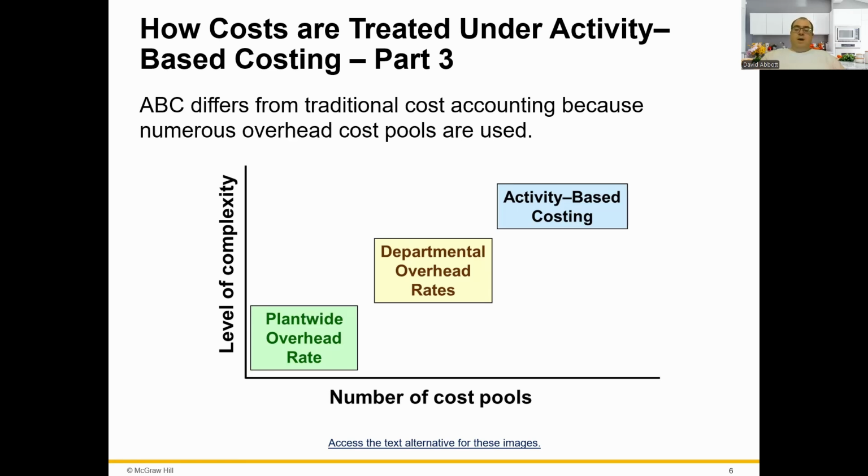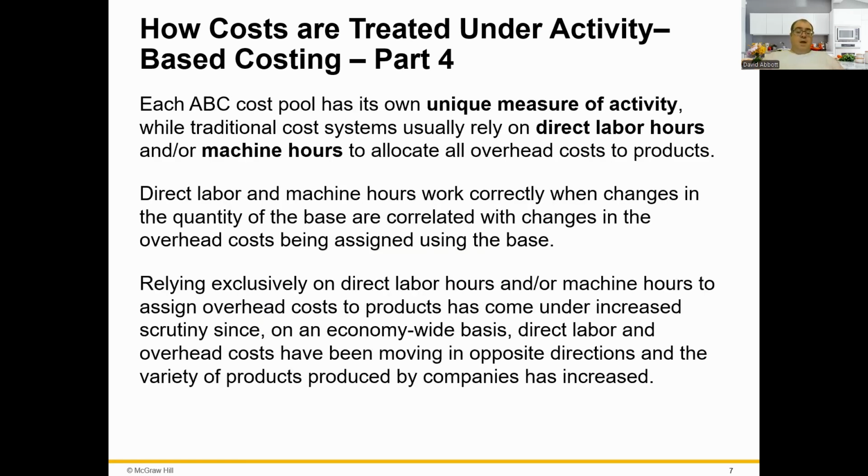Therefore, the total amount of ABC cost pools will definitely exceed one, as in the plant-wide approach. And it is likely to exceed the number of departments within a company, as in the departmental approach, since more than one activity is often performed within each department. Each ABC cost pool has its own unique measure of activity.